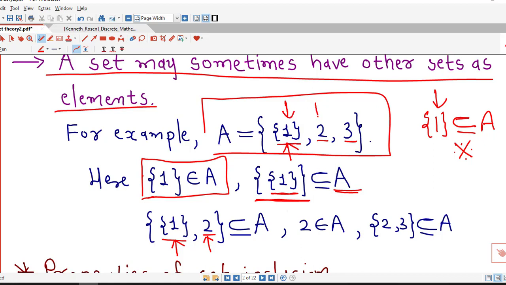Both are present in set A. So every element of this set is an element of set A. Therefore, this set is a subset of A. 2 belongs to A, that is obvious. 2 is a member of set A. And the set containing 2, 3 is a subset of set A, because set A includes both of these elements.